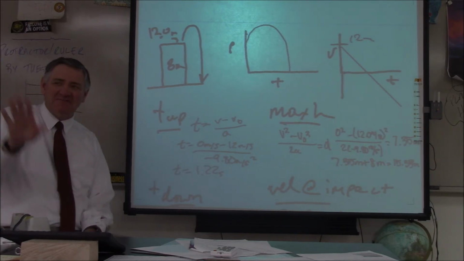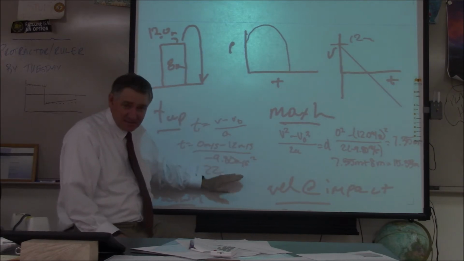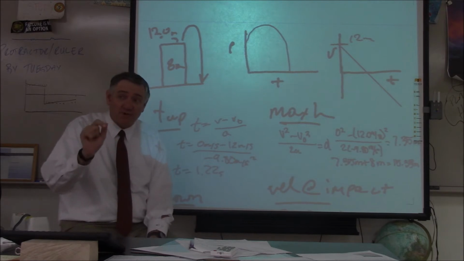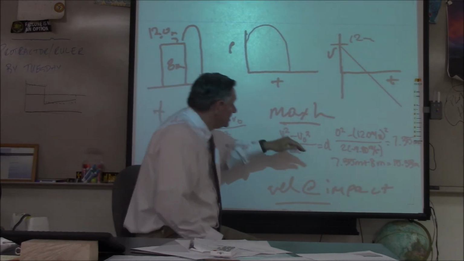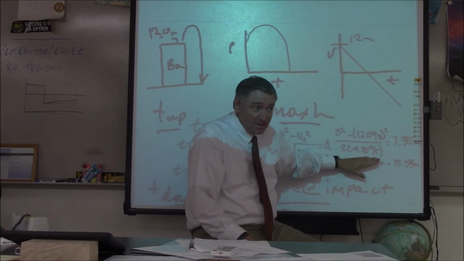Oh, perfect. Remember, an acceleration is not how fast you go, right? It's the rate at which your velocity changes. So what we're saying is that the slope of this velocity time graph is going to be negative 9.8 meters per second squared.